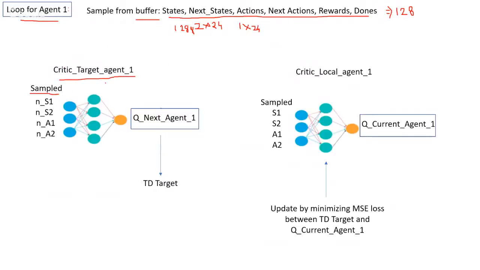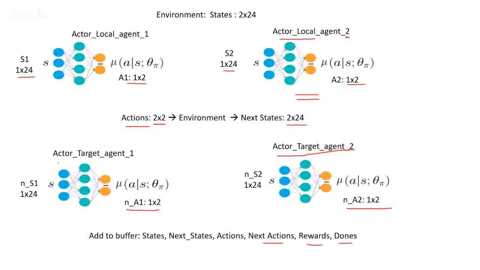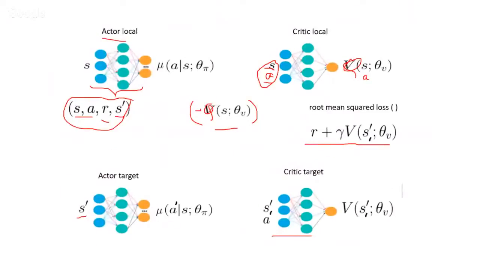Now you can see the similarity between this process and the very basic DDPG agent. In the critic target, we used to put the next state and next action of only one agent and compute the Q action value.